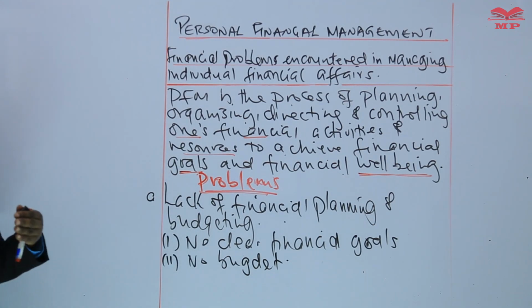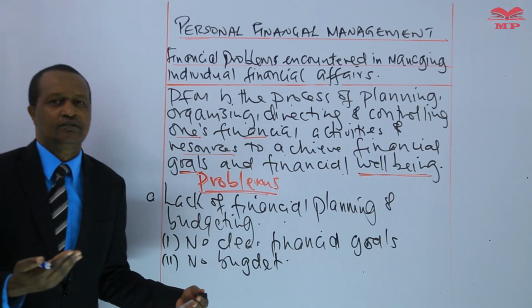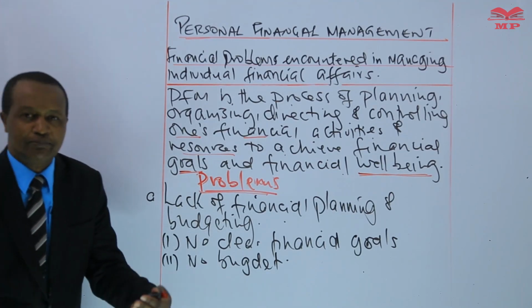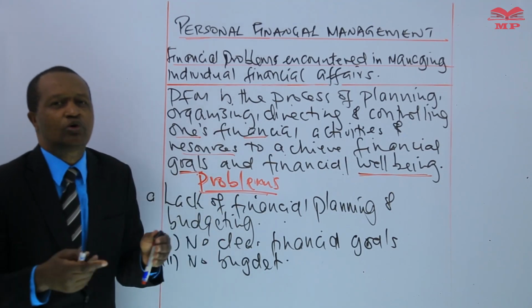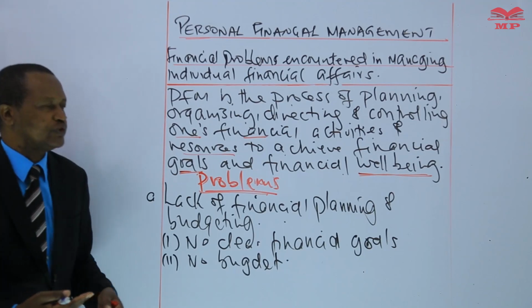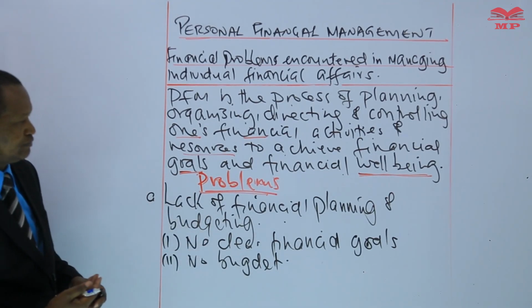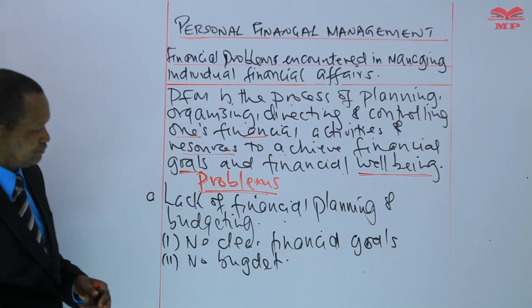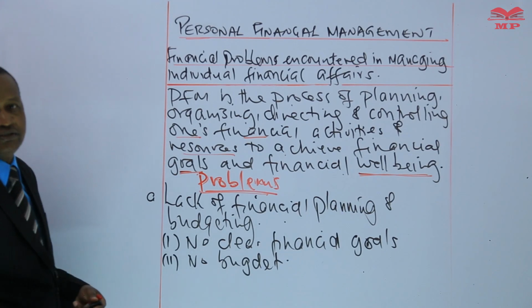Having a poor budget or no budget. Because without a budget, individuals may lack control over their spending. Individuals may overspend their income. So that is a problem. Having no budget or having a poor budget.